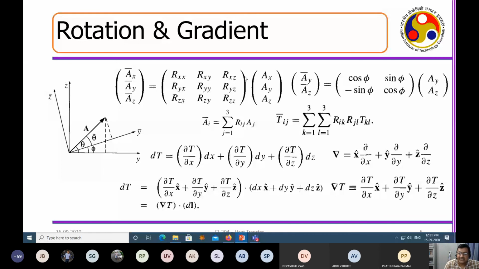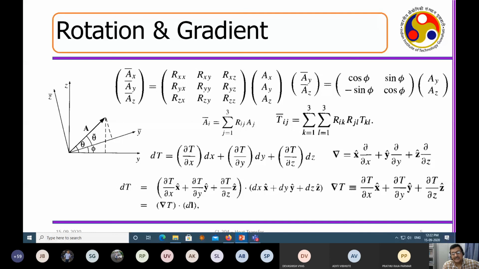See Tij. Suppose this is a tensor Tij. If you want to make it a different tensor TKL, you just have to multiply with these rotation tensors in order to give a rotation in the polar coordinate system. So the first thing that you have learned is that it is possible to lay down the entire process in a three-dimensional coordinate system. I am still excluding time.